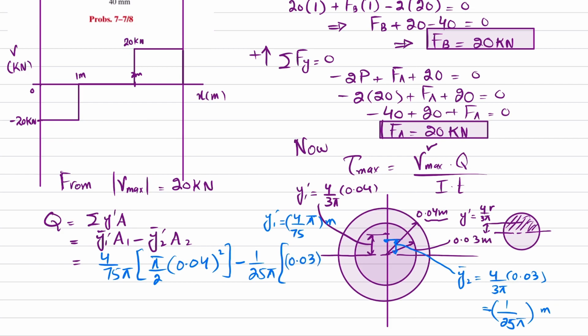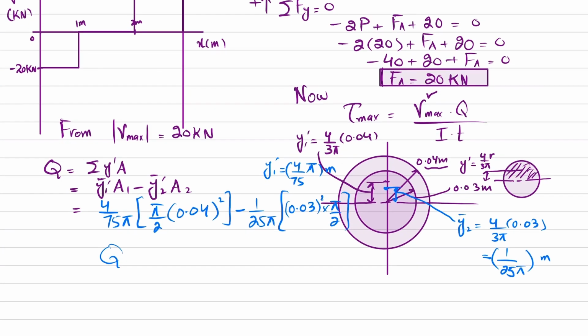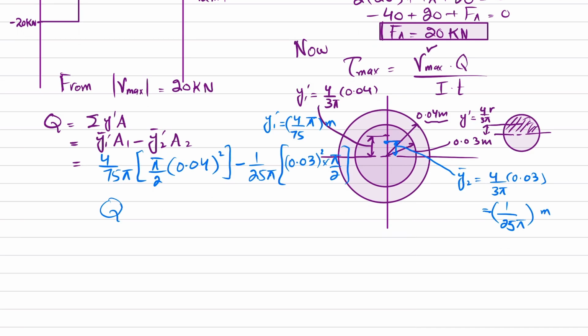When you solve this, you will get Q equal to 24.667 into 10 to the power minus 6 cubic meter.